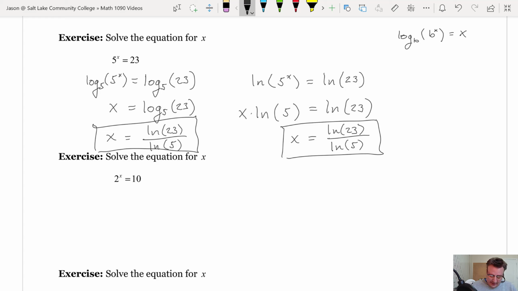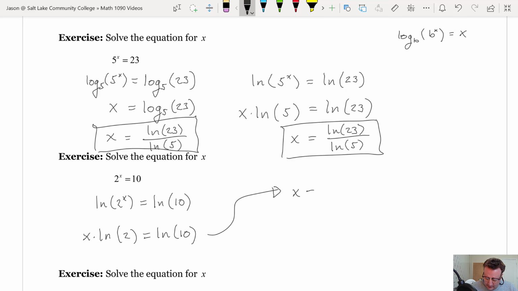But I can just take the natural log of both sides of this equation, and then, of course, I'll use the exponent property on the left-hand side, and I get x times the natural log of 2 equals the natural log of 10, and thus x is equal to the natural log of 10 divided by the natural log of 2.